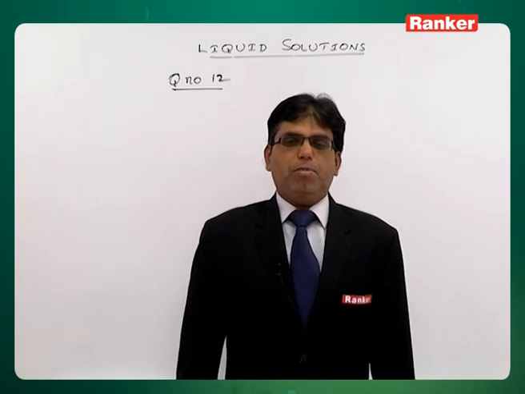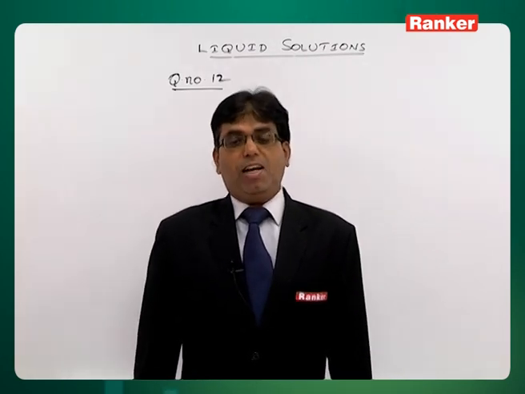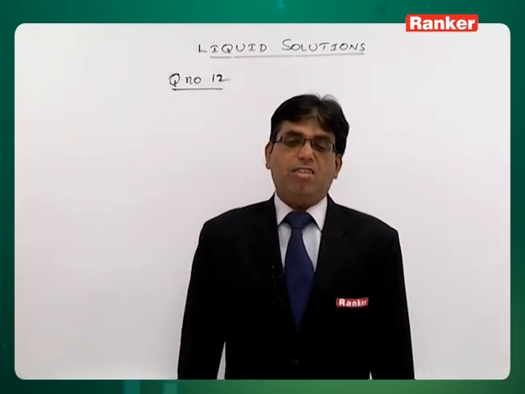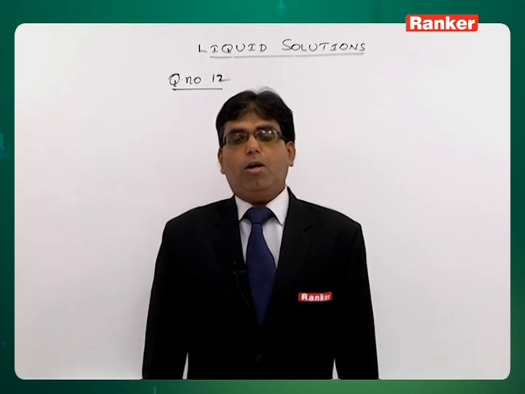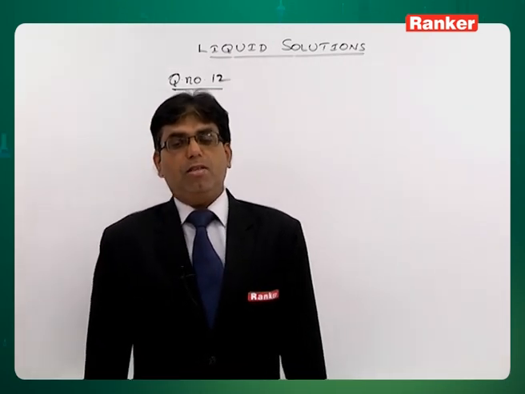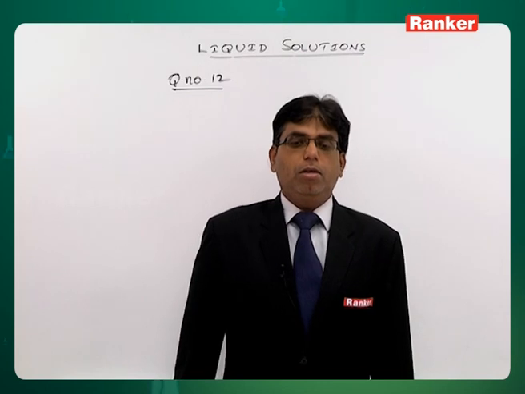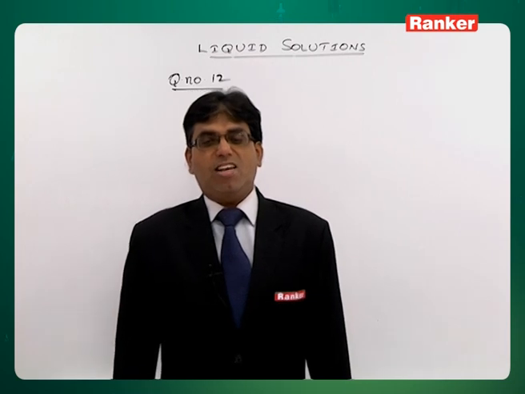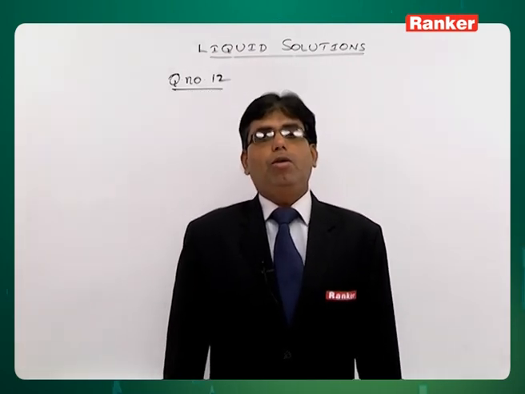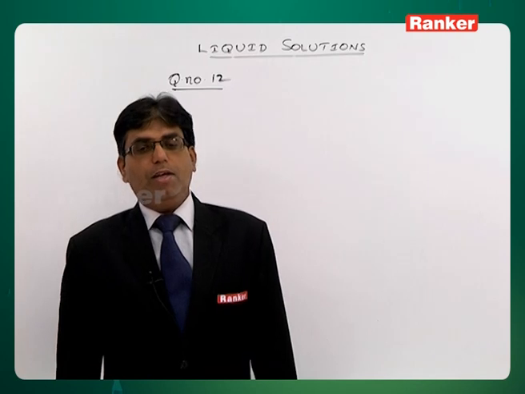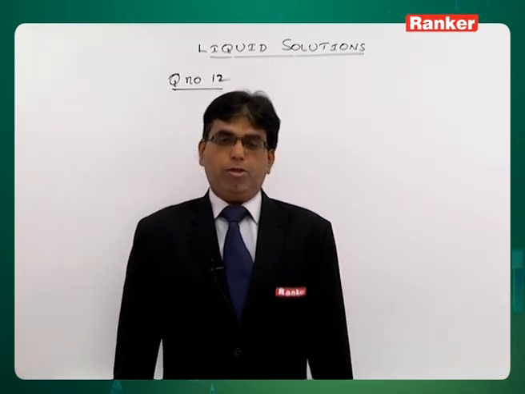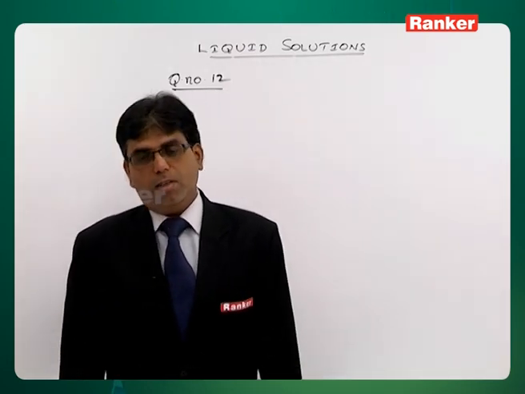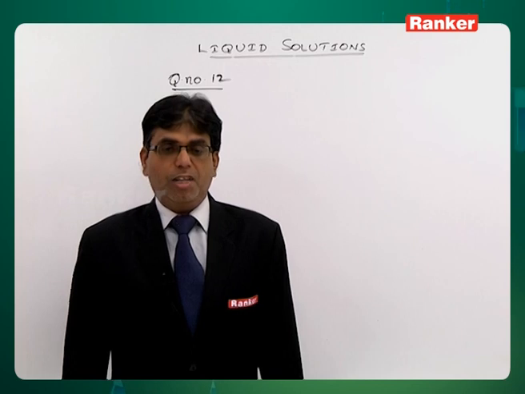But in the case of ice, what happens is that the density of ice is less than the density of water. In fact, that is the reason that ice floats in water. Normally, for a particular substance in its solid state, the density will be more compared to that in the liquid state. But in the case of ice, the density is less than that of water due to hydrogen bonding in ice, which gives it a cage-like structure, which decreases the density.